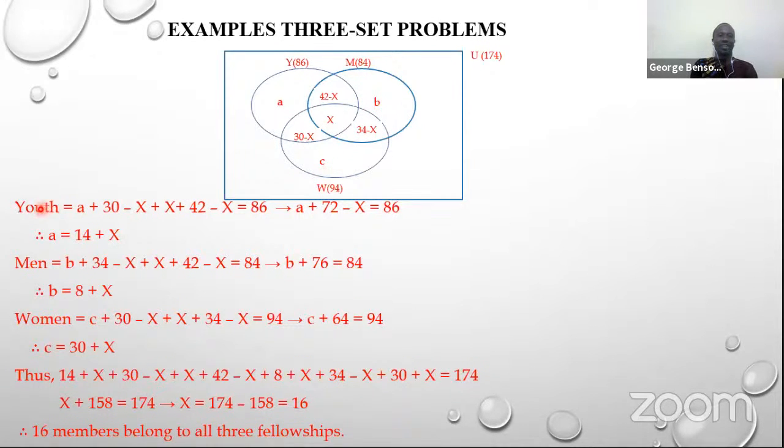So I will come to the youth, and this is the region for the youth. So the youth will be this region plus this region plus this region plus this region to be equal to 86. Is that okay?